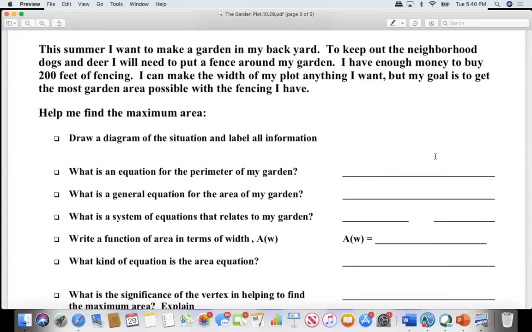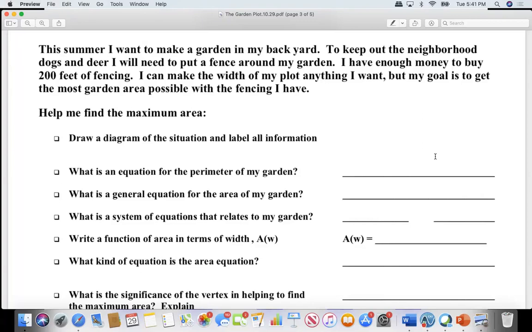And so the first question here about drawing a diagram of the situation and labeling all information, kids just don't want to draw a picture. And so we start to give them situations where they have to draw the picture, label, define their variables, things like that in order to sort of organize the information.